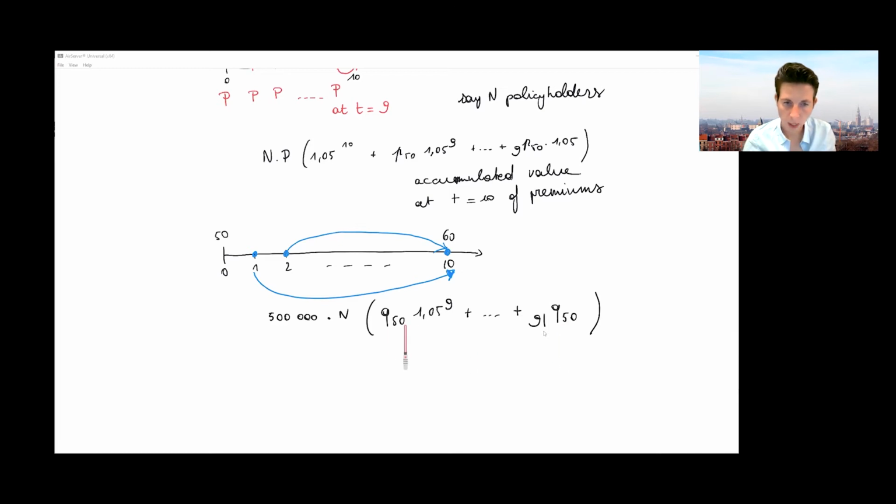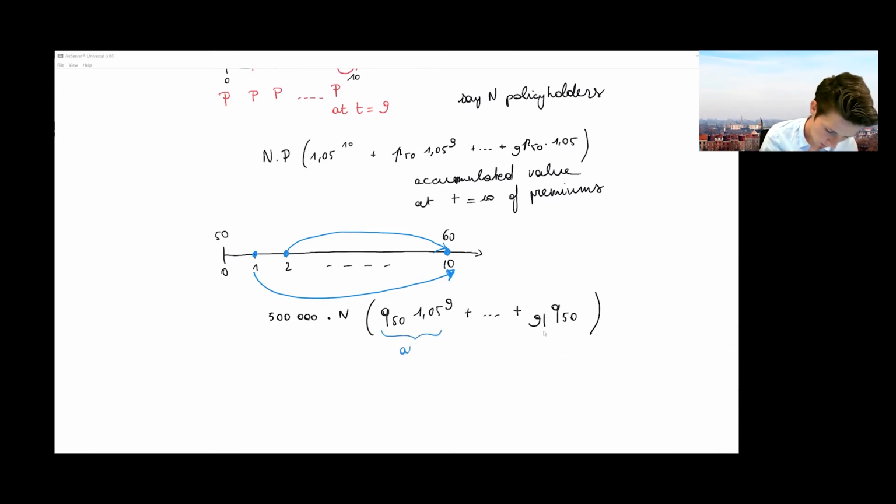So if I multiply with my n policyholders, that gives me the expected number of people who will die between time 9 and time 10. And for them, I need to pay the 500,000 euro at time 10. So if I calculate the accumulated value at time 10, there is no inflation factor to be taken into account here, because this amount is paid at time 10 already, right? So that's how you should see it here.